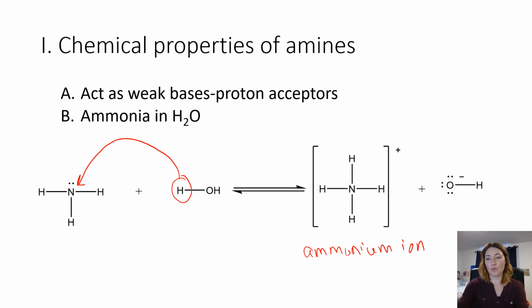What you also form is a hydroxide ion. Notice that these both have charges. So the appropriate way to show that my ammonia has taken on a positive charge and has become the ammonium ion, and remember that ion means charge, is to put these brackets around it and to put the charge right outside of that, and that'll become important for our next reaction.